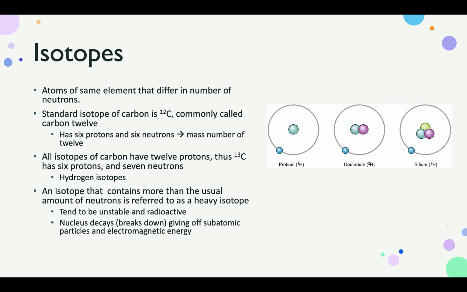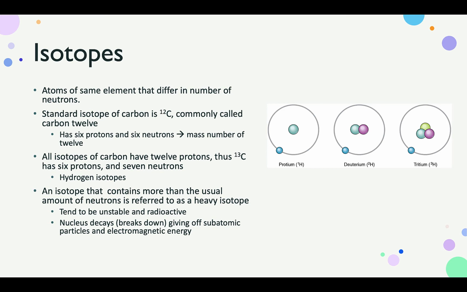The standard isotope of carbon is carbon-12, or 12C. It has 6 protons and 6 neutrons, providing a mass number of 12. As all isotopes of carbon have 6 protons, carbon-13 has 6 protons and 7 neutrons.